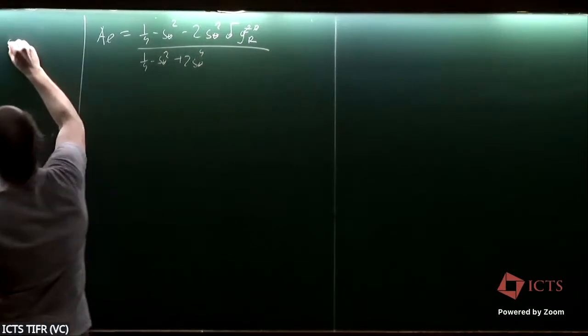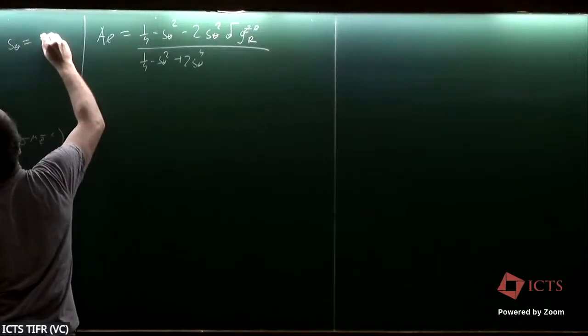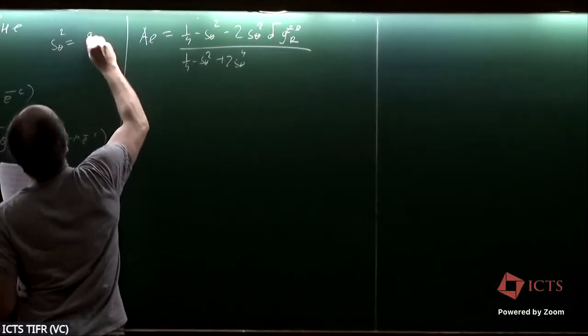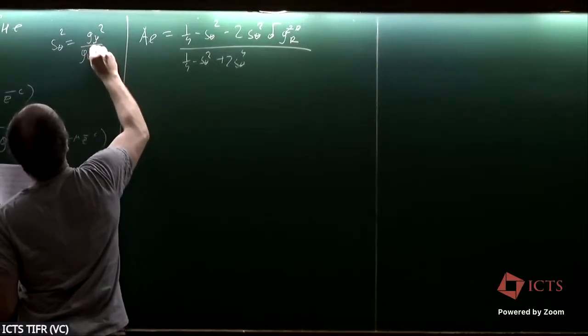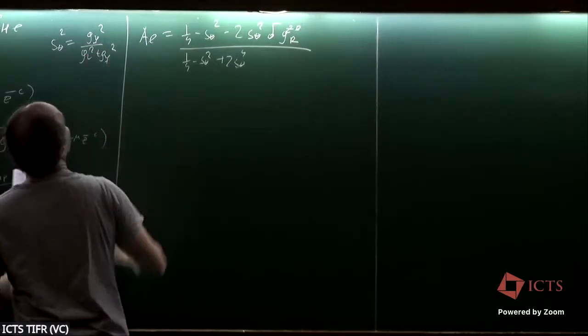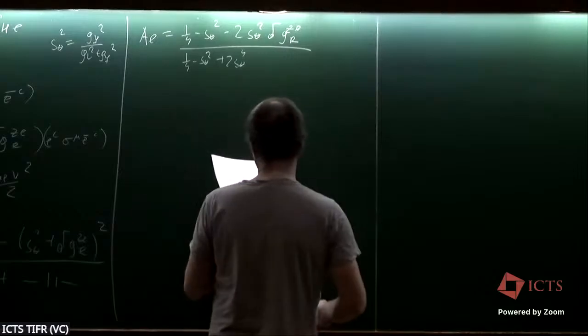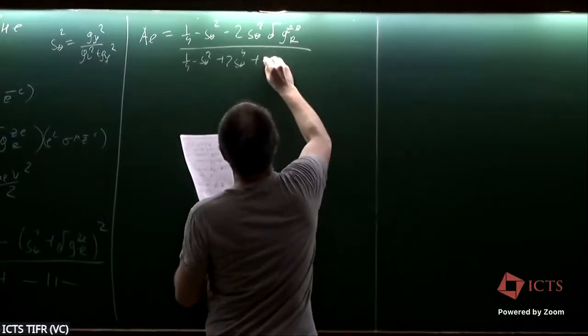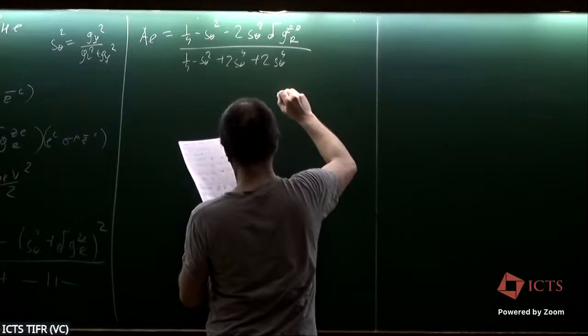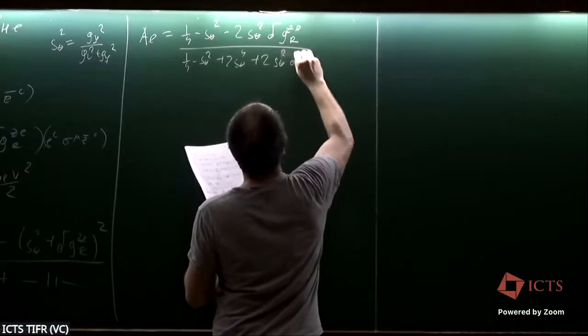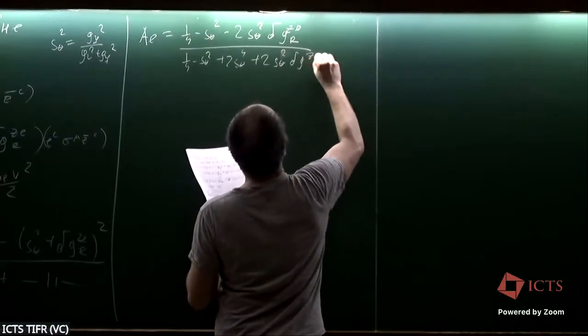Sorry, I didn't define s theta, but s theta squared is gY squared over gL squared plus gY squared.